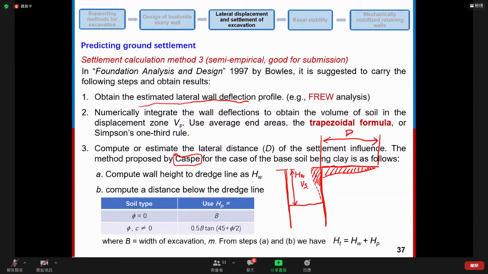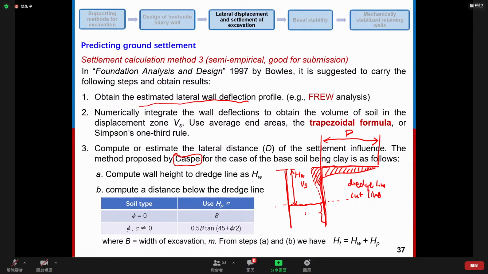And then we need to calculate a distance below the dredged line. This one is called the dredged line or cut line. So we need to determine the distance of this part.